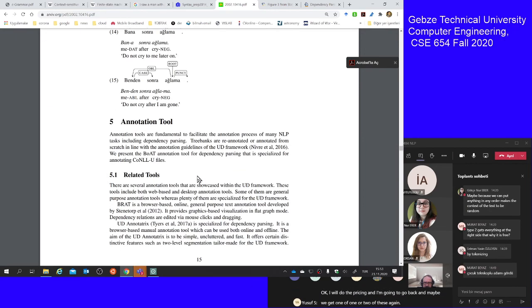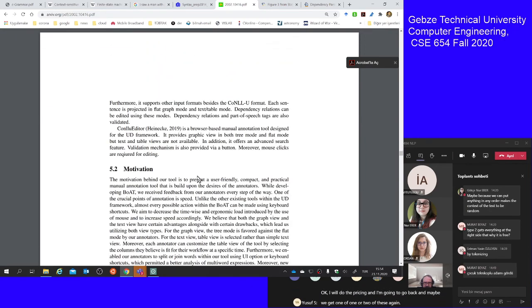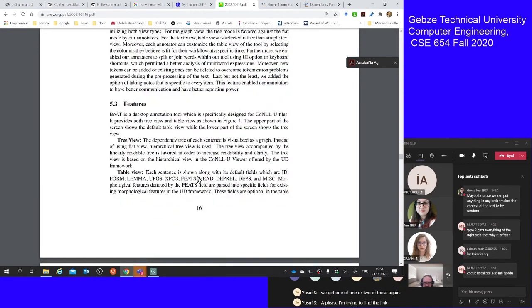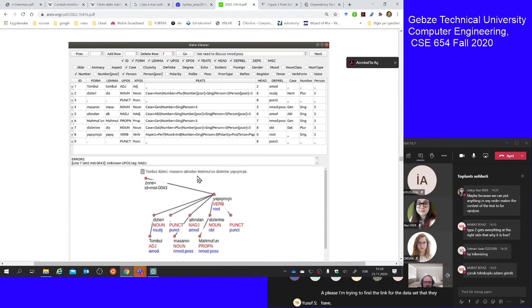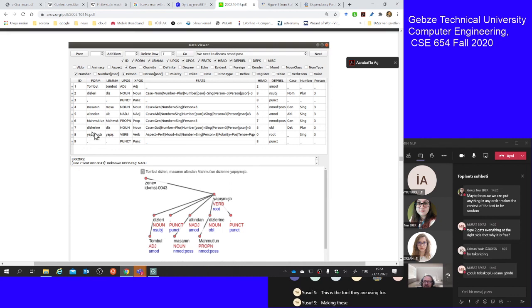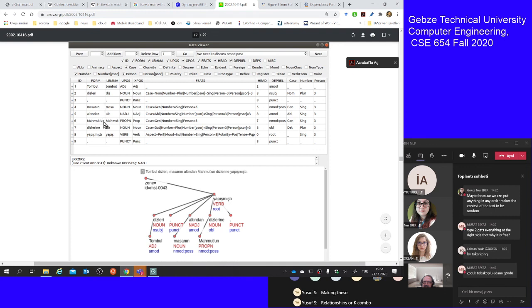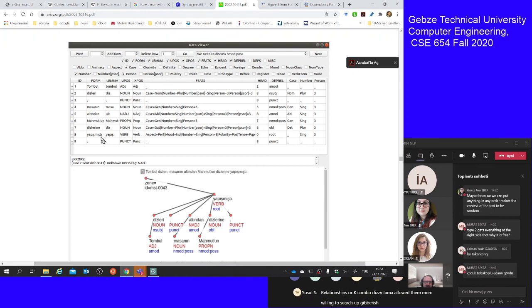I am trying to find the link for the data set that they have. This is the tool they are using for making these relationships. Tombul dizleri masanın altından Mahmud'un dizlerine yapışmıştı.